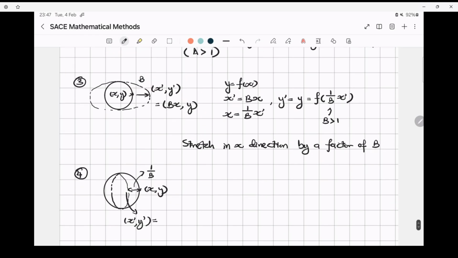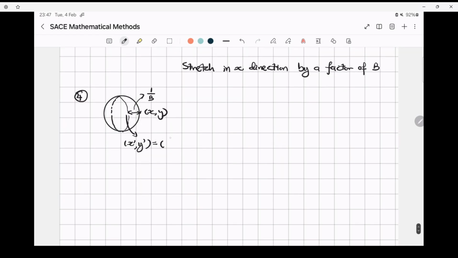So as usual, we know that x prime is 1 over b x and y prime will be equal to y. So we still know that y equals f of x. So first, x prime equals 1 over b x.